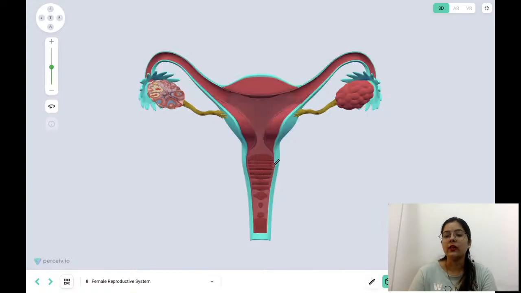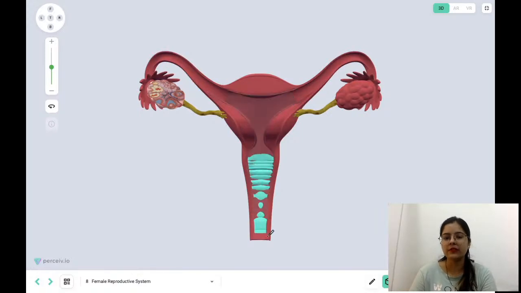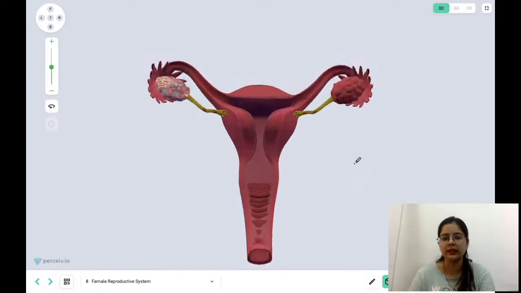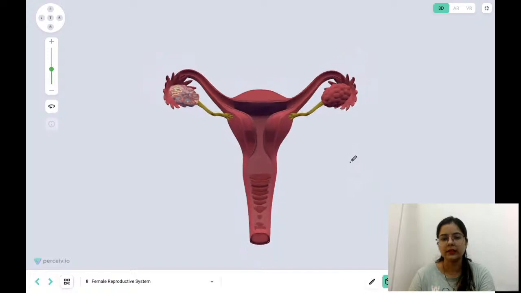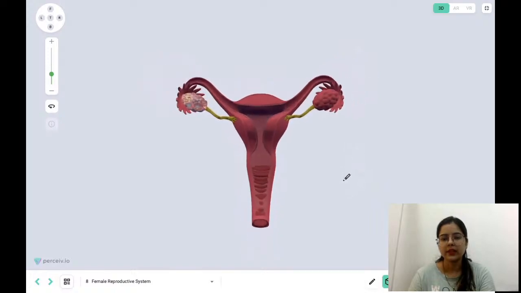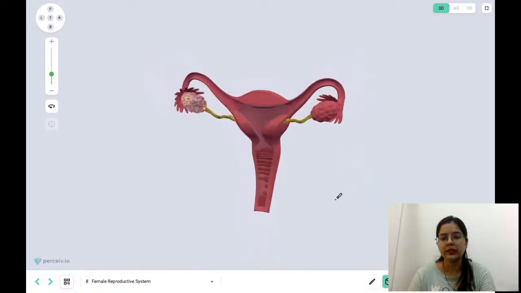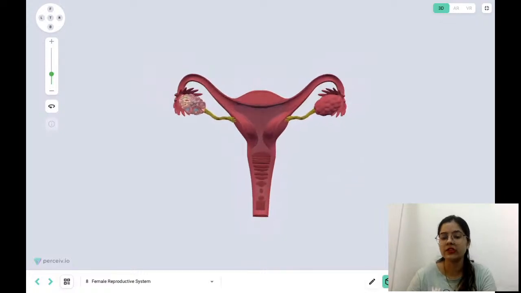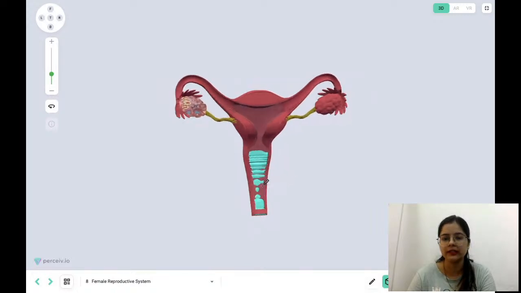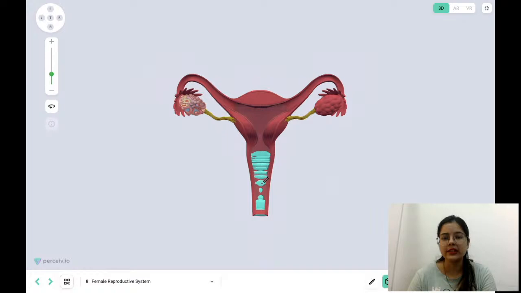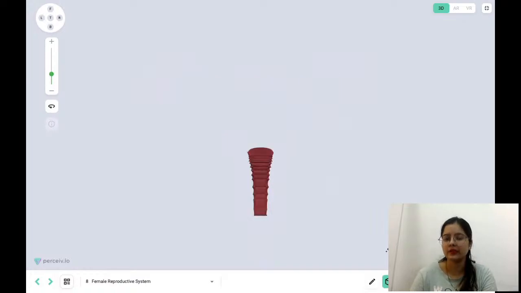All right. Now, after the uterus comes a very, very important organ, and if I just flip this model a little bit over here, the next important organ is basically your cervix. So this colored part, which you can see over here, indicates your cervix.